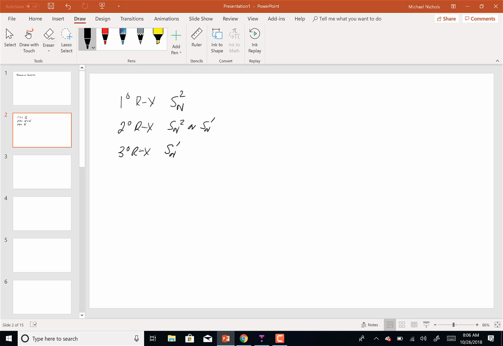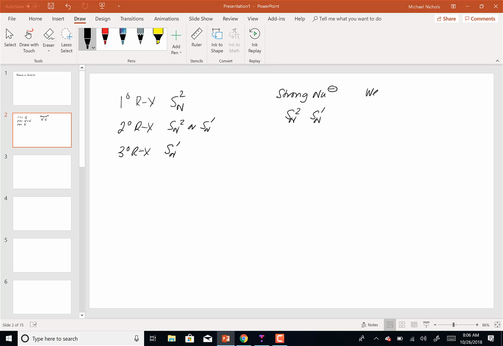Then for our nucleophiles, if we're talking about a strong nucleophile with a negative charge, it prefers SN2, but it will also undergo SN1 as well. So it's strong enough to come in and kick off a leaving group.